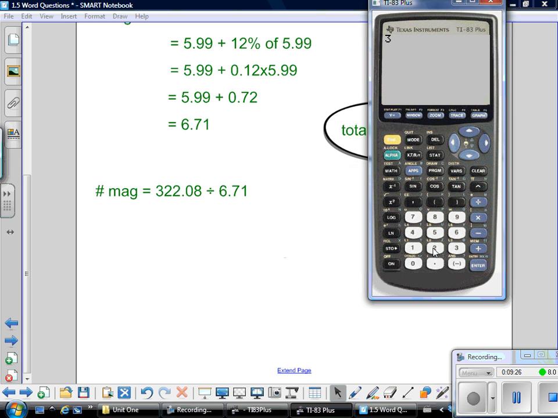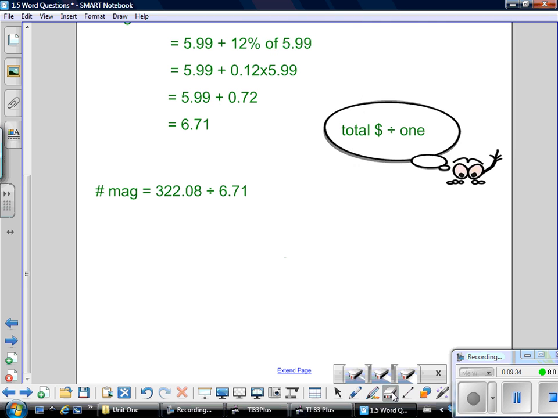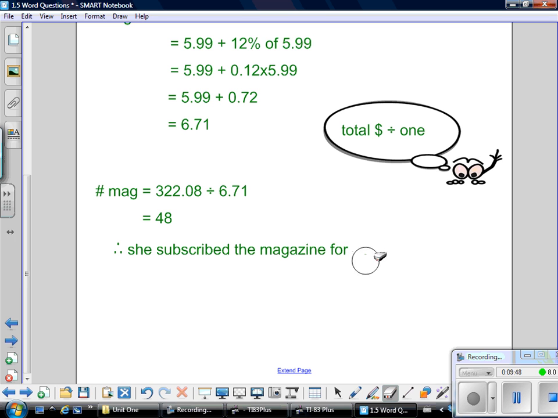So 322.08 divided by 6.71, and we end up with 48. So just like the other word questions, I also have to put a therefore statement, and it's somewhere here. She subscribed the magazine for 48 months.